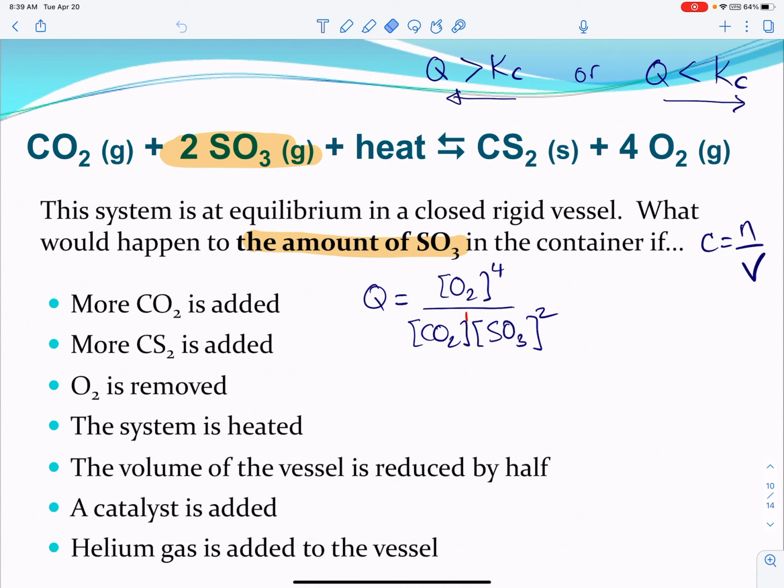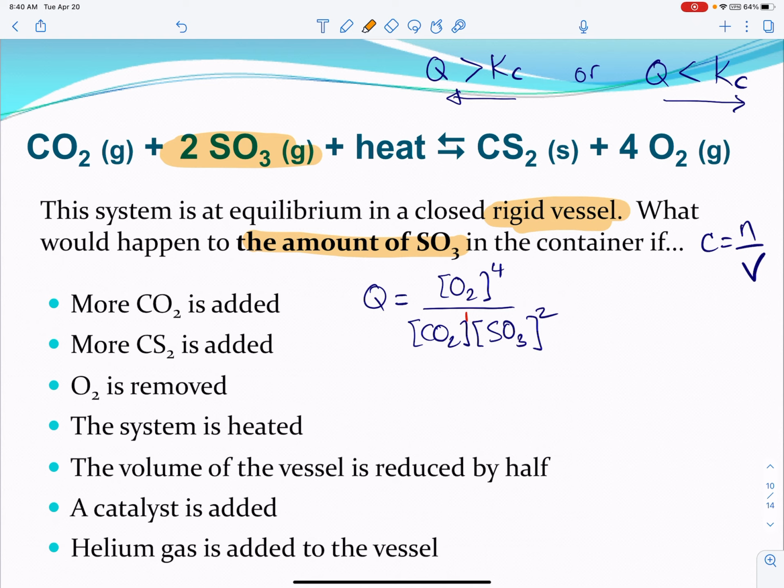Now, this could be a complicated situation, but in our situation, we have a rigid vessel. If it's a rigid vessel, that tells me that the volume of the container won't change when we add the helium. Rigid means it's solid, it doesn't change. So adding the helium doesn't change the volume in the container.